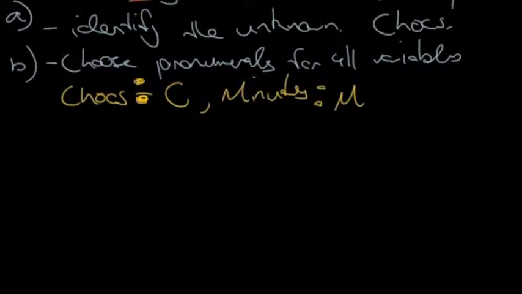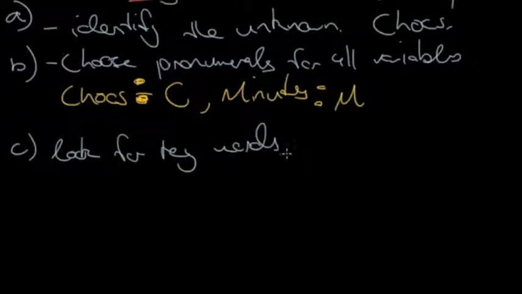And now, the last thing we've got to do is look for keywords. Now when we're constructing the equation, we know that the unknown is going to go by itself on one side of the equation. Our unknown is chocks, which is C, and so C is going to sit by itself. It's the unknown, it's the thing we want to find out.